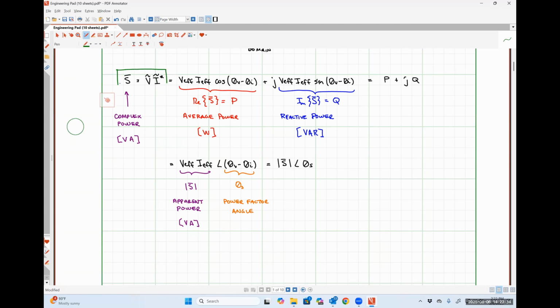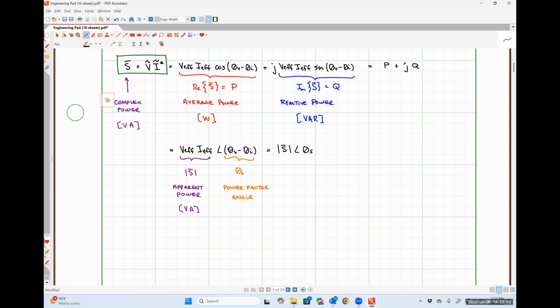If we can remember S is equal to V times I conjugate, we can get any other part just by using our calculator and remembering which part of our answer corresponds to which part of the power. I want to explain what I mean by working an example with you.